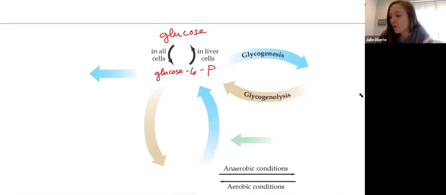So one thing that can happen is the pentose phosphate pathway. This one's kind of the most elusive one. We actually didn't talk about this beyond just looking at it on this chart. Does anybody remember what you make from the pentose phosphate pathway?